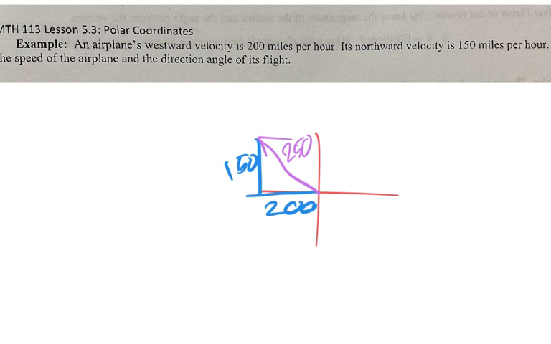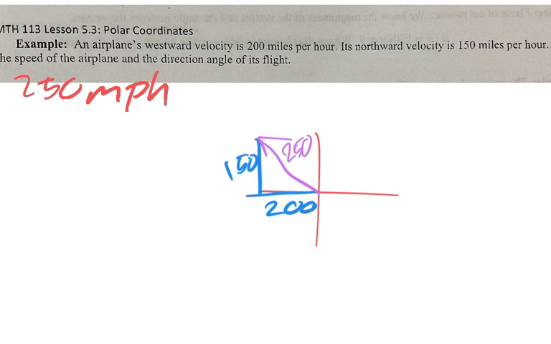If you didn't know it, you could use the Pythagorean theorem to find the missing side, or you can just know it. So the speed is 250. Speed is just the absolute value of the magnitude. So speed is 250 miles per hour.